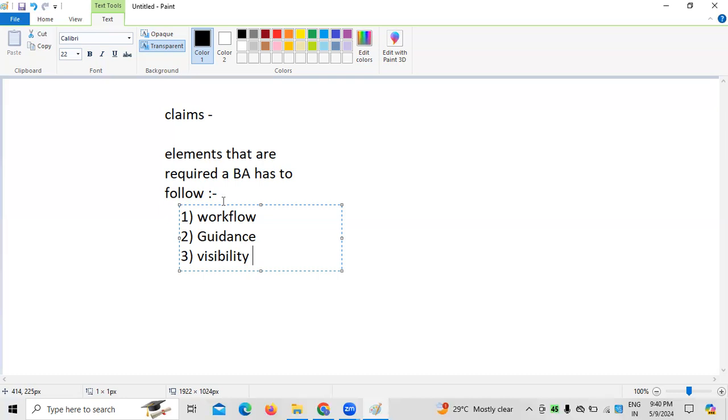The third one is the visibility part, right? Visibility is also important, because when it comes to visibility, we must know about the monitoring of the claims, whatever has been processed so far, based on the real-time information we have given to have a better outcome.